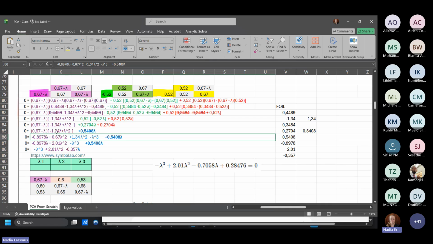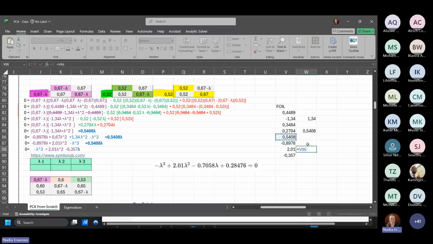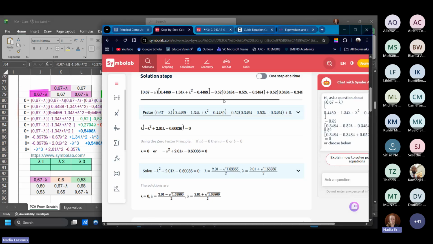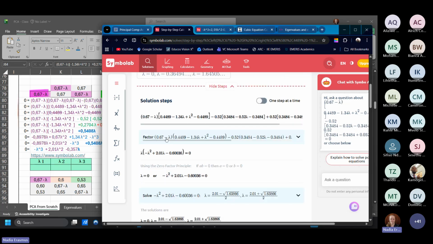Then it's going to be minus lambda, minus lambda, that's correct, so that is also correct. So what happened is this one. 0.548. What's this value? Okay, I don't know where it went wrong. We'll have to see what happened there.